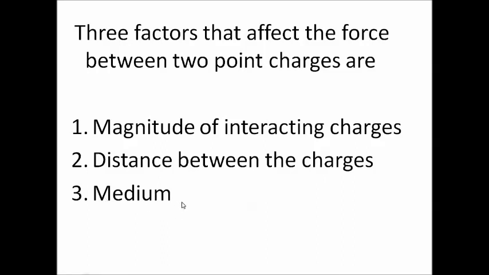And in the case of medium, the magnitude of force is actually proportional to 1 by 4 pi epsilon, 1 by epsilon. And the value of epsilon is least if the medium is air or vacuum. So apart from air or vacuum, if we are keeping the charges in any other medium, the force will decrease. So these are the three factors which affect the magnitude of force acting between two static point charges.